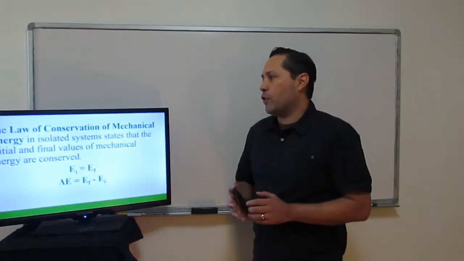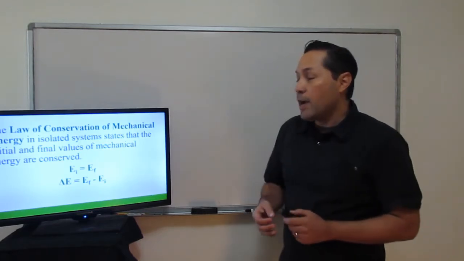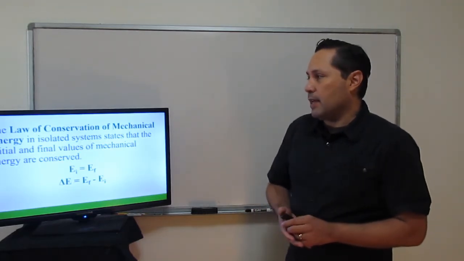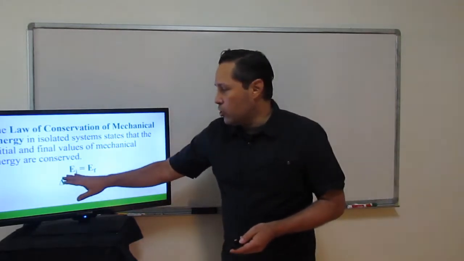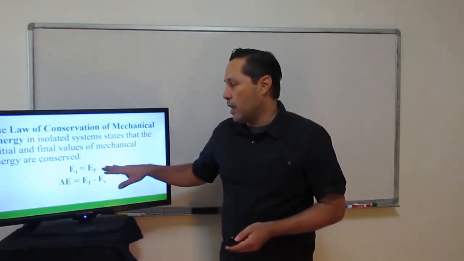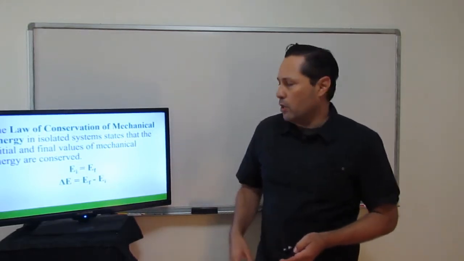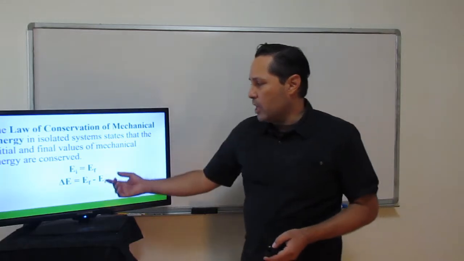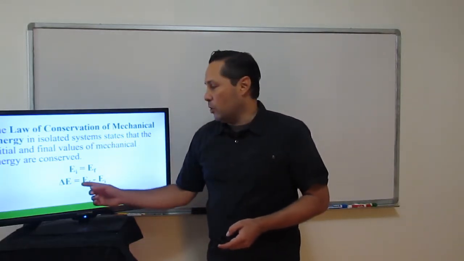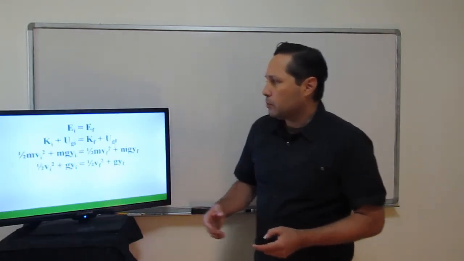The law of conservation of mechanical energy in isolated systems states that the initial and final values of mechanical energy are conserved. So initial mechanical energy is the same thing as final mechanical energy. And of course, change would be final minus initial. Since they're the same, in a closed isolated system, that value would be 0.